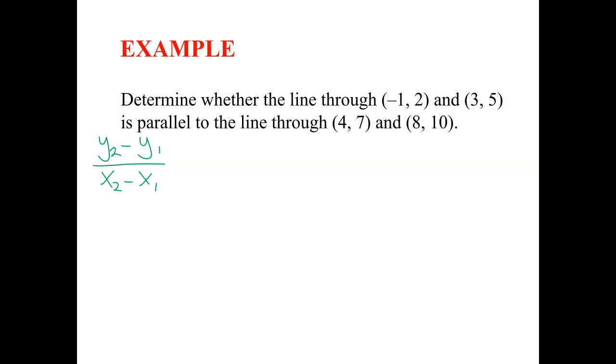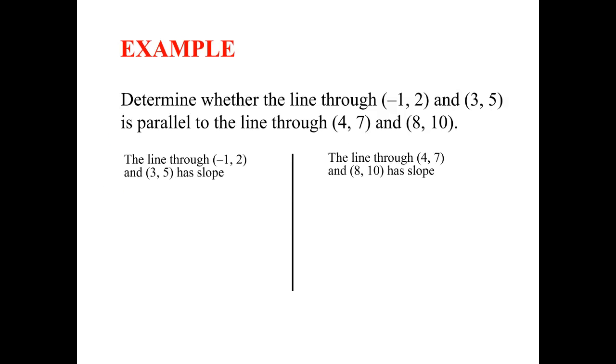So on my first set of ordered pairs for my first line, what are my y values? 2 and 5. If I do 2 minus 5, what does the denominator need to be? 2 minus 5 is what? -3. And -1 minus 3 is -4.